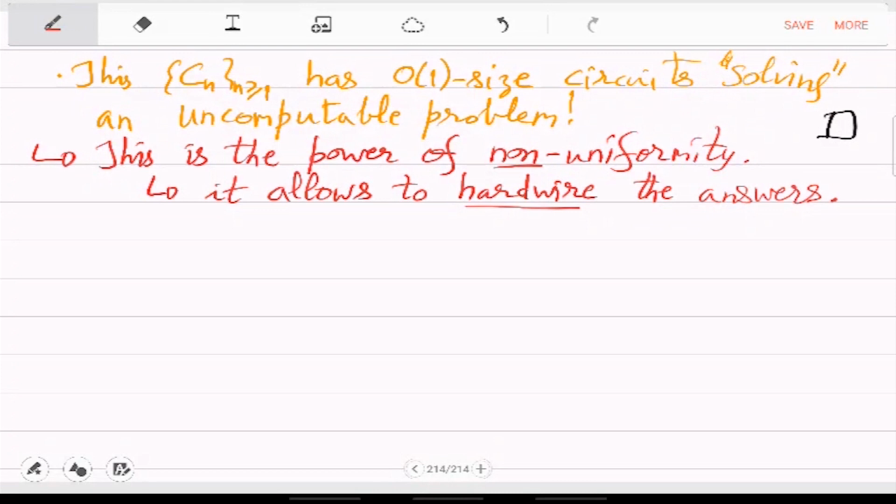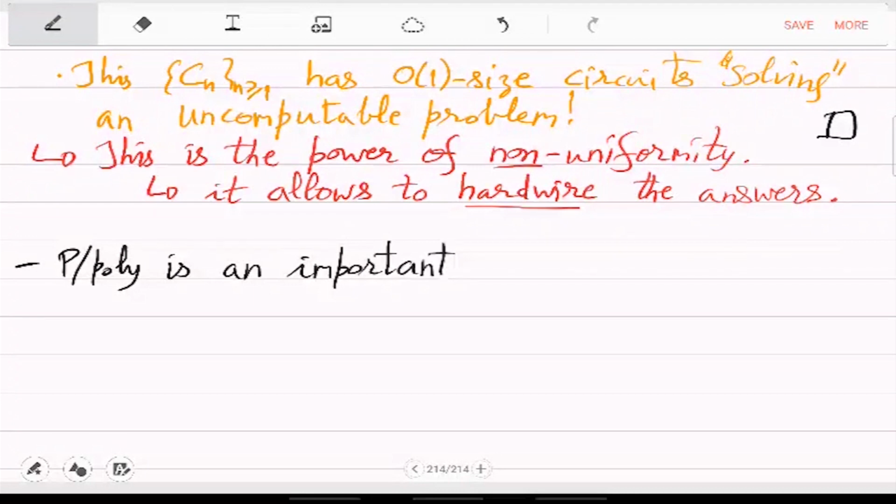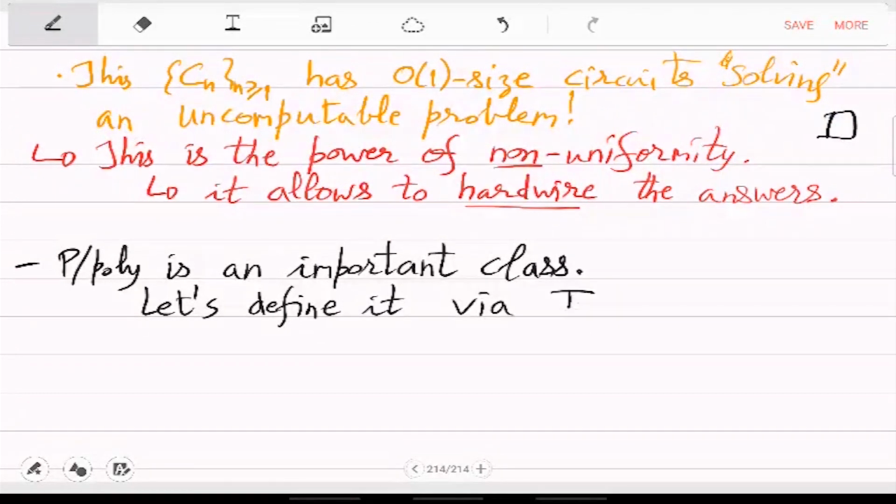So, P/poly is an important class. We will define it in one more way. Let us define it via Turing machines.